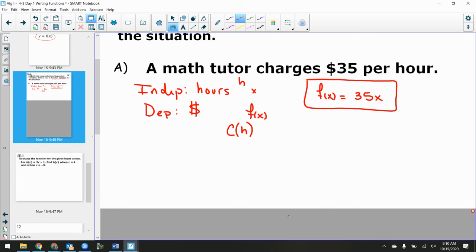Why do we use f? Because that's the first letter of the word function. So you can change up that name of the function. We could have said c of h is equal to 35h. That means the same thing. You can change up the letters to match the context of the problem.